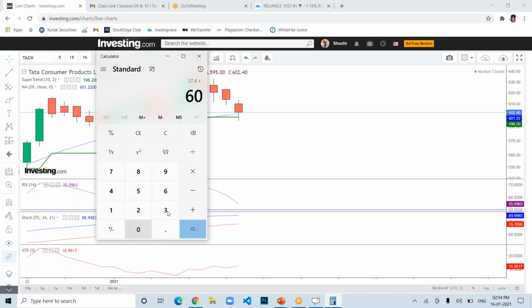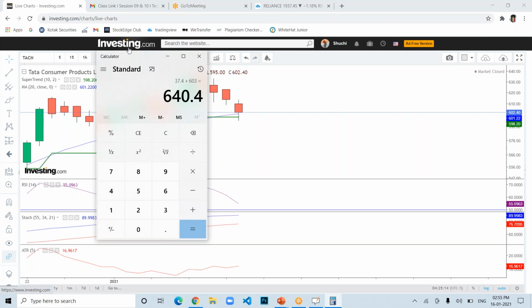So 640 is your target on the upper side. Okay, understood, everyone? So Tata Consumer is the current trade for Monday, which you can trade on the golden swing strategy. Again repeating, this particular strategy has around 80% strike ratio.